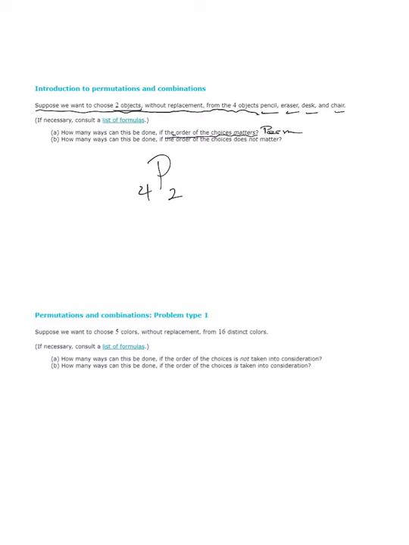This next one, when it says order of the choices doesn't matter, then I'm talking combination. And I would say, I've got 4 things, I'm choosing 2. How many combinations of those can I get? All right, so I'll give you some answers real quick in case you're doing this at home. For that first one, 4, 12 ways there.